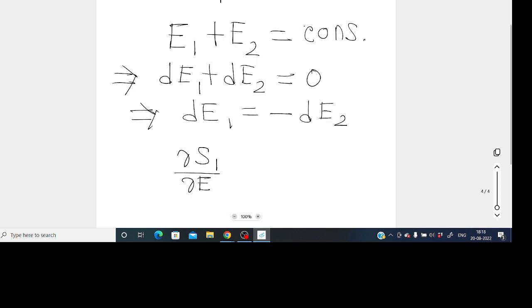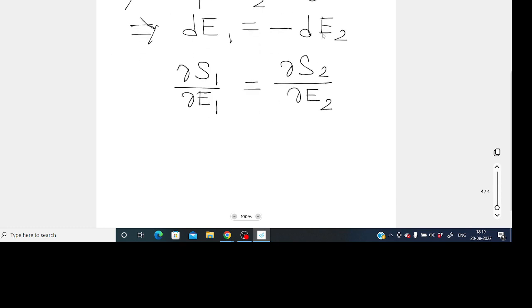So from these two equations, dS1 equal to minus dS2 and dE1 equal to minus dE2, we can write it like this: del S1 by del E1 equal to del S2 by del E2. Now what is this quantity? Can anyone tell me?